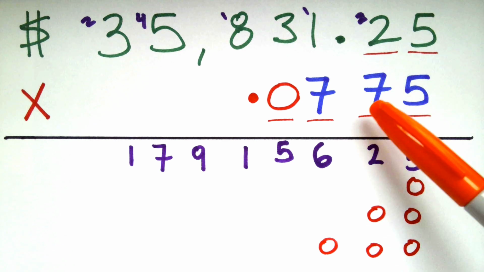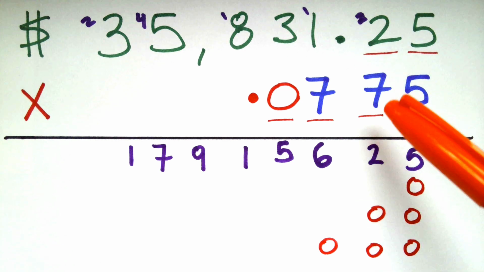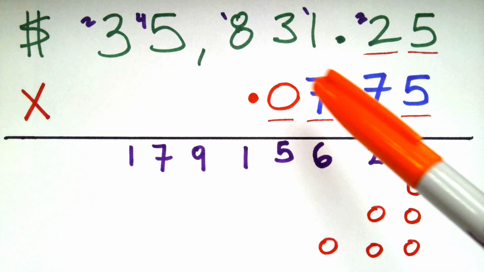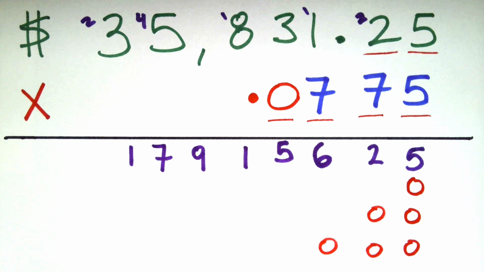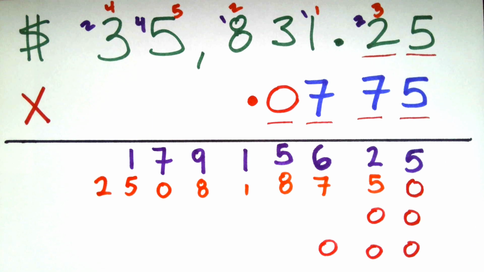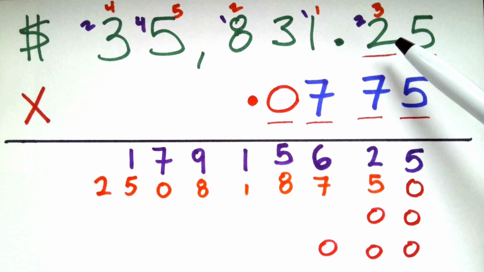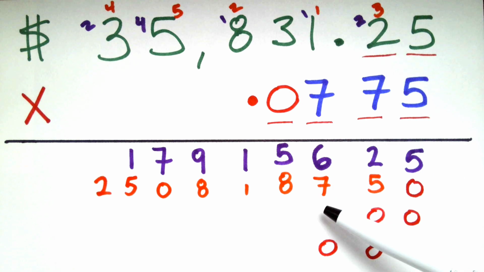So let's get started. What's 7 times 5? 7 times 2, 7 times 1, 7 times 3, 7 times 8, 7 times 5, 7 times 3. What do you get? I'm going to go kind of quickly in explaining these products. 7 times 5 is 35. I'll put my 5 here. I'll carry the 3. 7 times 2 is 14, plus 3 is 17. I'll put my 7 down.